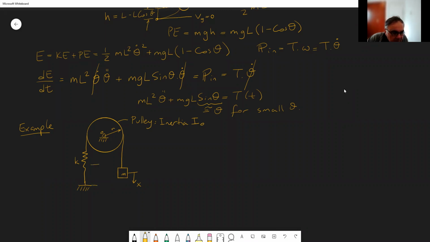Let me explain. Suppose that this is L0 for the spring, and then you have a delta here. From this delta onwards, the cord is inextensible, so it deflects with x.